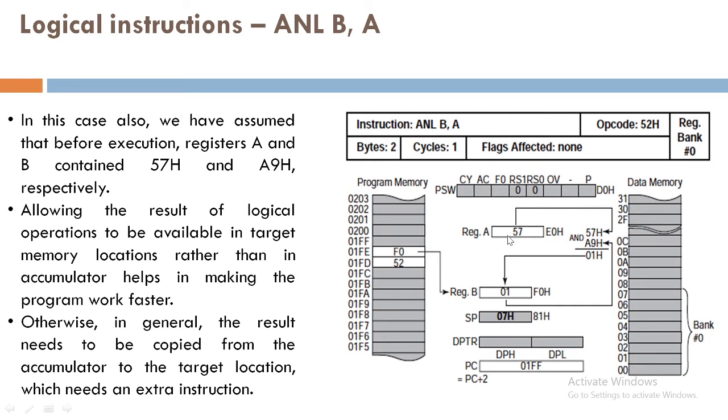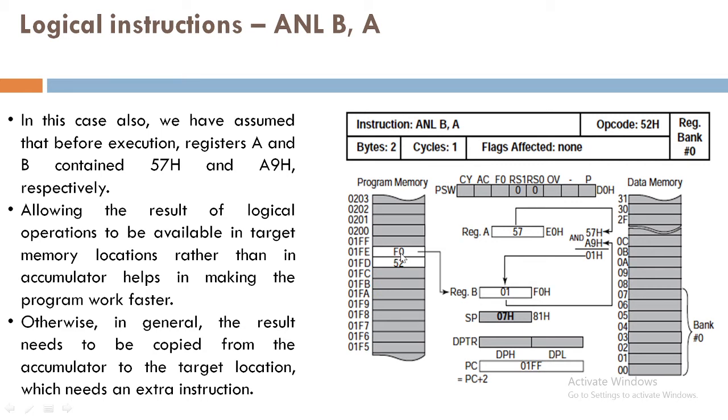Now the opposite. Again here we are considering the initial values in A as 57 and B as A9. When we are going for this logical operation, you can see we have the operational code given as 52 and we have given the direct address F0.